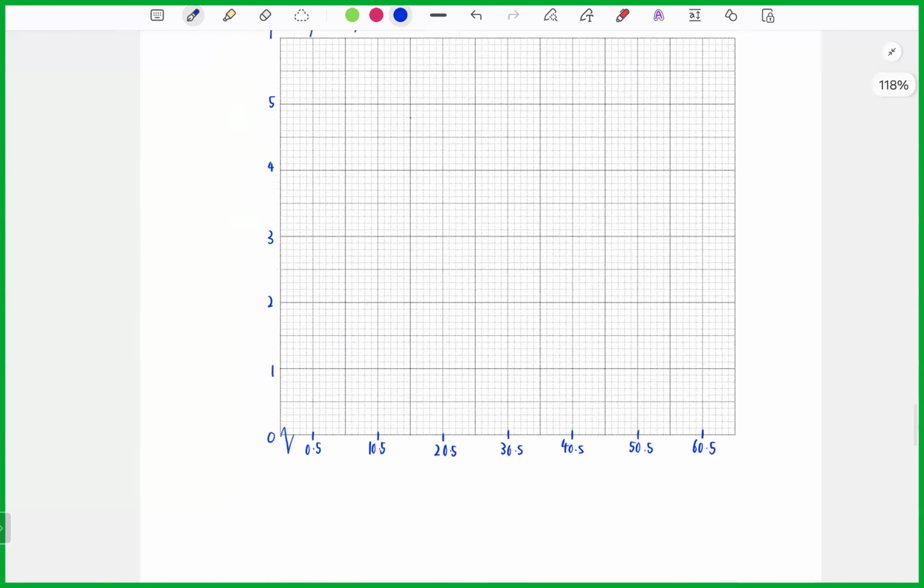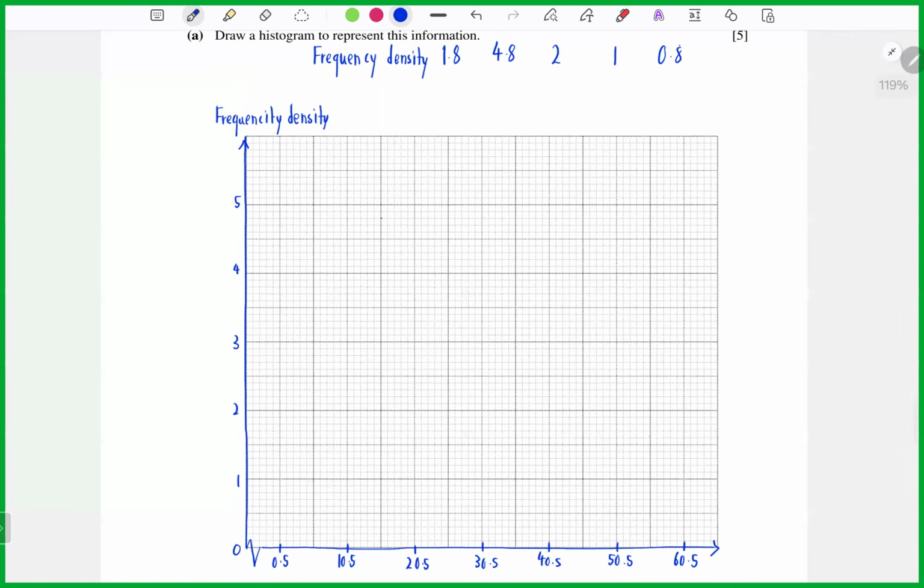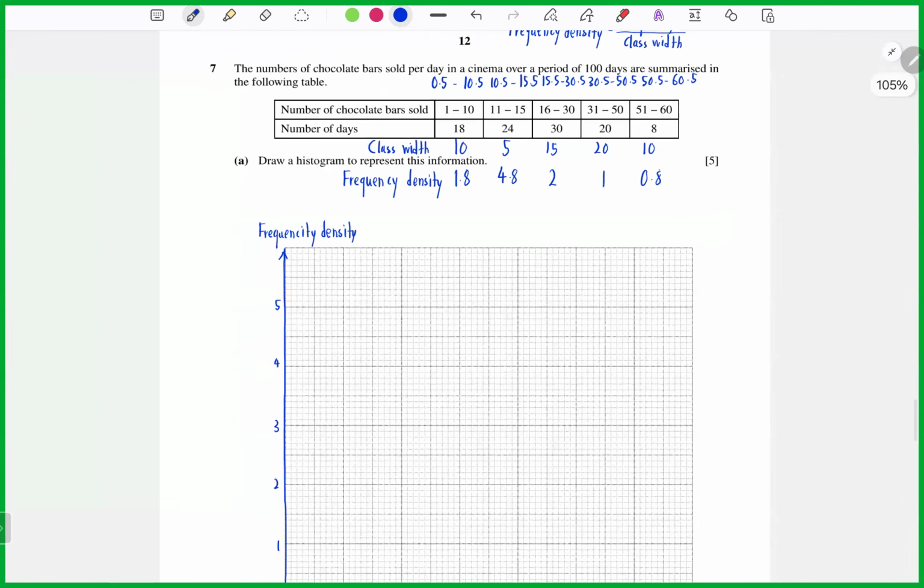Now you try to sketch out here, and then this last, the class boundaries.